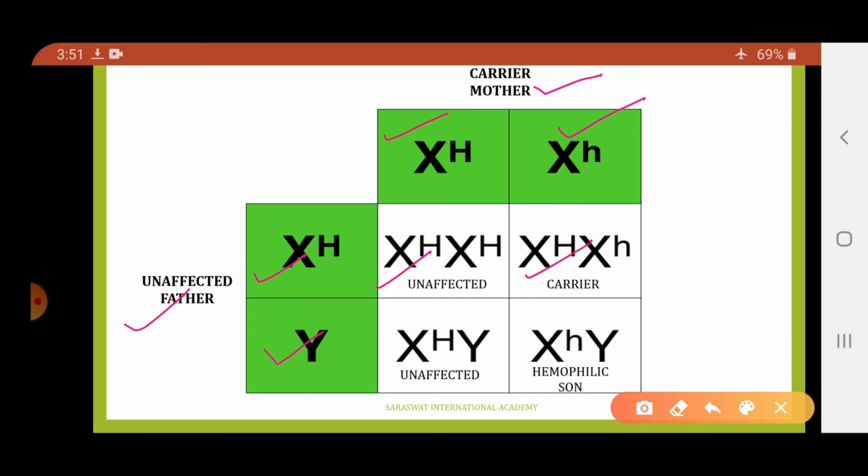This is a carrier daughter, this is an unaffected son, and this is a hemophilic son. So there are 50% chances that if a carrier mother and an unaffected father, the son may be hemophilic.